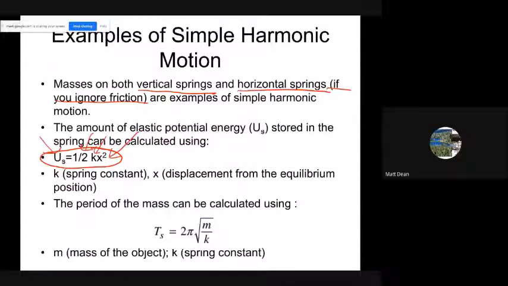We also can calculate the period of a mass. And this is the equation for the period. So here the T is not tension, it's period. 2 pi times the square root of the mass of the object over the spring constant. We'll come back to that equation more here in a minute.